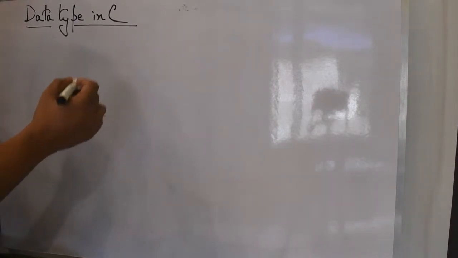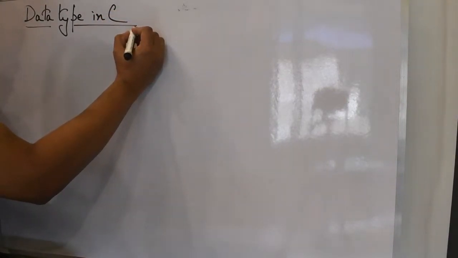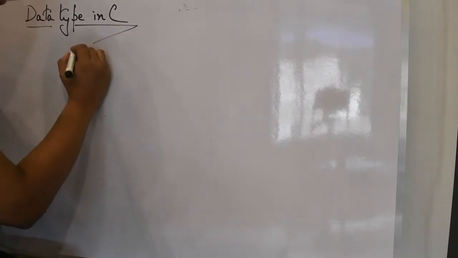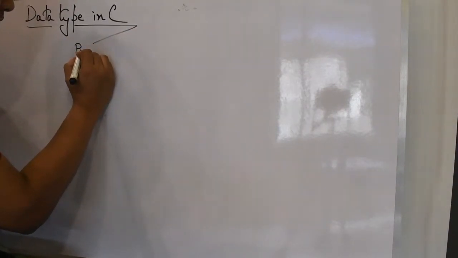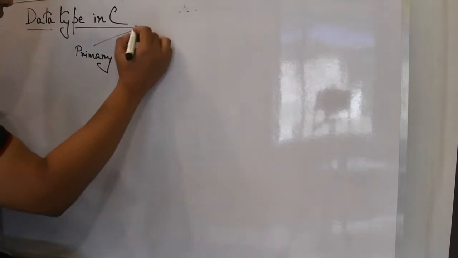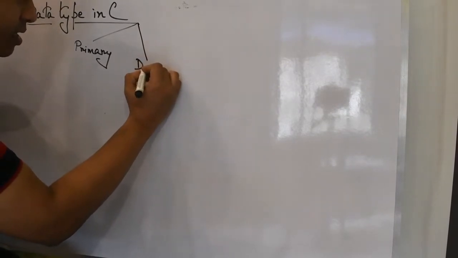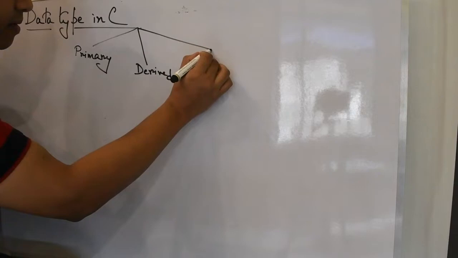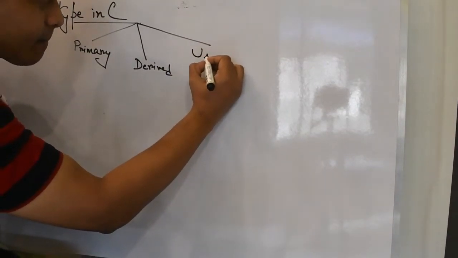So how many data types are there in C? Let us classify them. First is primary data type, then derived, then user defined.